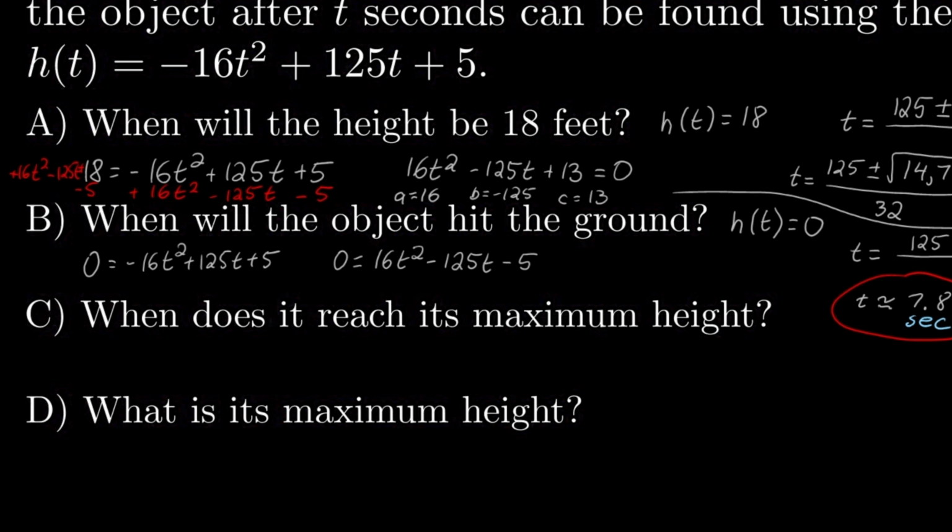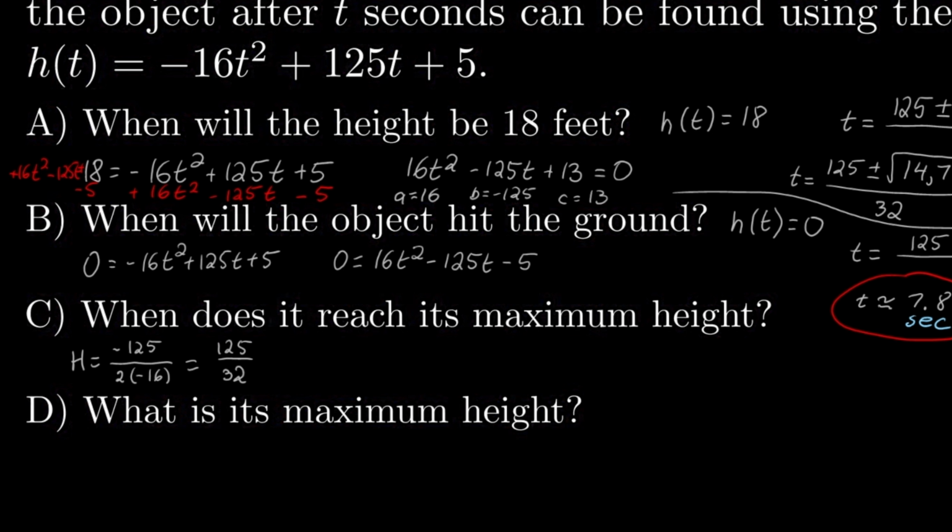This time I will just use capital H for that purpose to distinguish it from lowercase h, which denotes the height of the object. But the formula will be the same. Minus b on top, so in our case, minus 125 divided by 2 times a, 2 times negative 16. So both top and bottom will be negative, resulting in a positive answer, and we get 125 divided by 32.